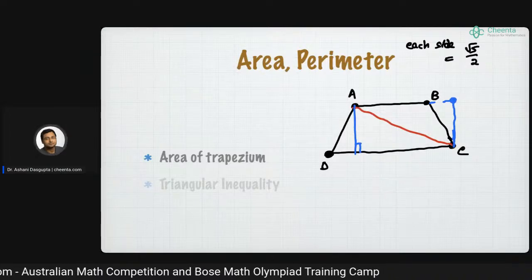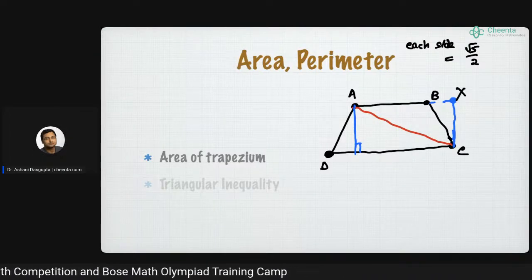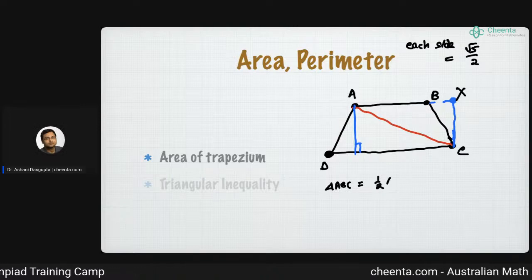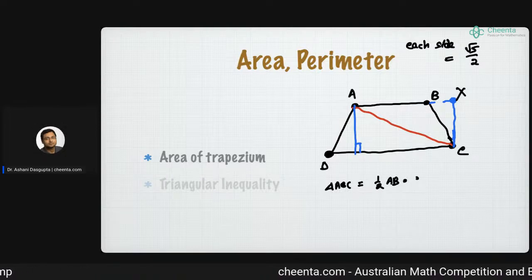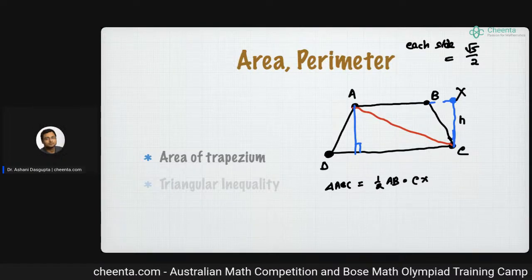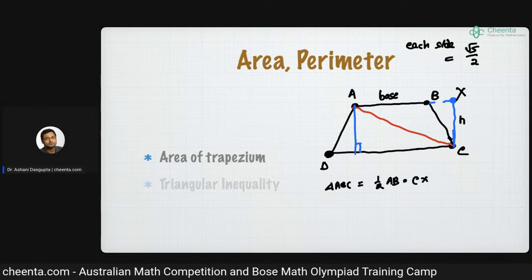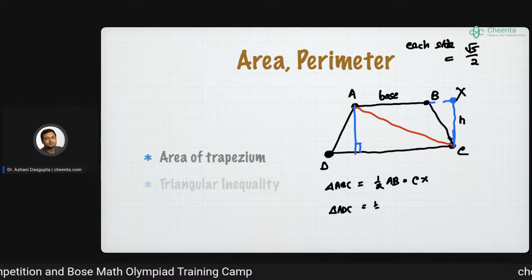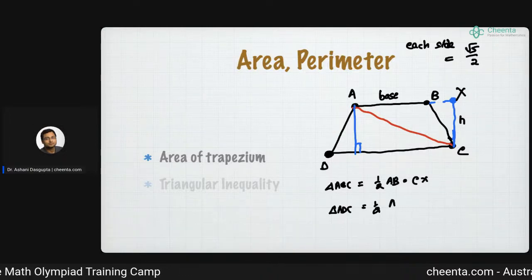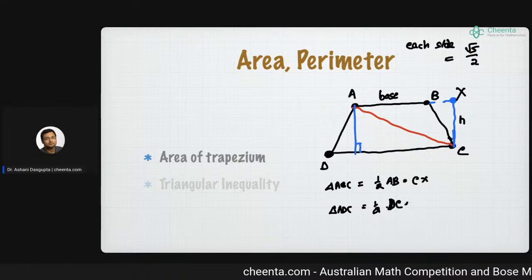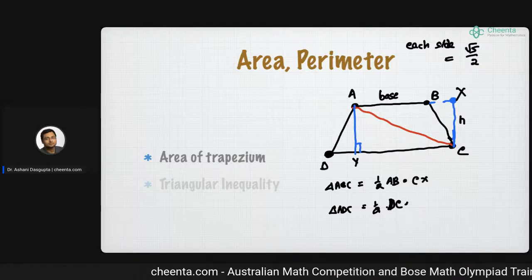So suppose this point is X. So area of triangle ABC is half of AB times CX, because this is the height and this is the base. And the area of triangle ADC is half of BC times AY.